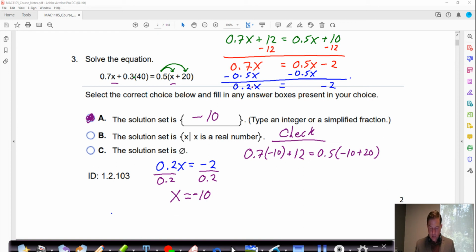Okay, so now negative 10 times 0.7. Tens are nice. When you multiply by tens, you just move the decimal. So if I multiply by 10, I move this decimal 1 to the right, it becomes 7, but with a minus sign because of that minus. Plus 12 equals 0.5 times 20 take away 10 is positive 10. Negative 7 plus 12 is 5. Half of 10 is 5, so it checks perfectly.